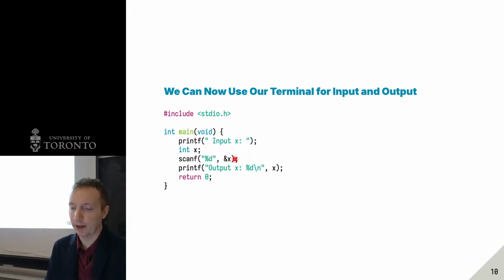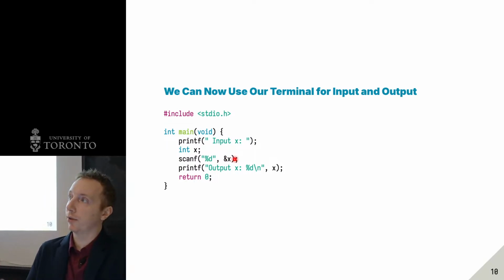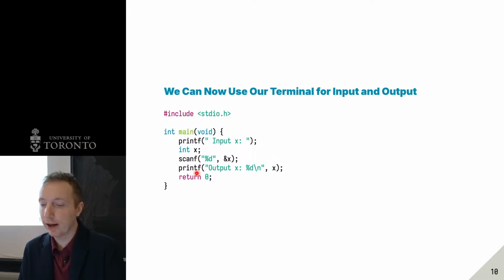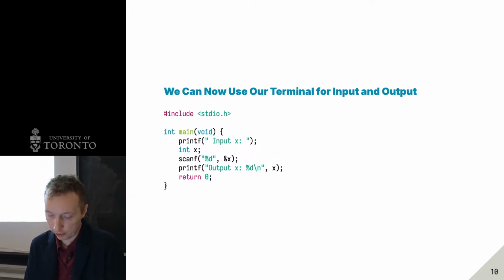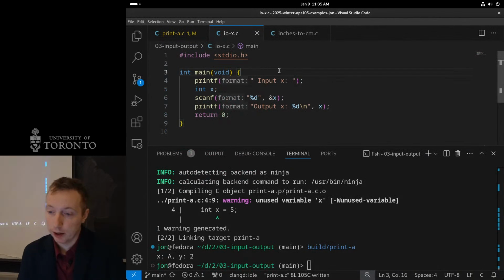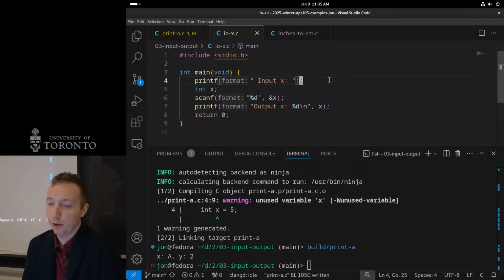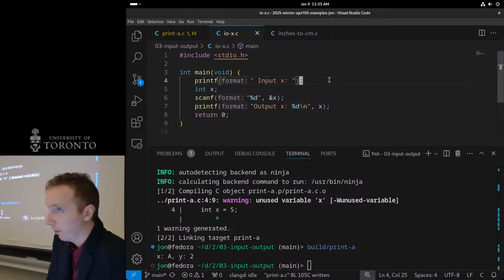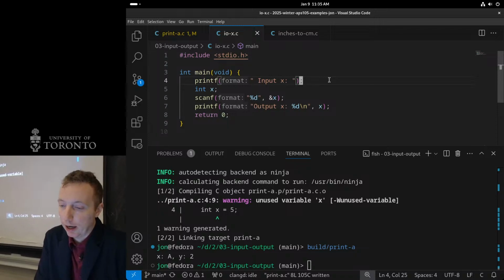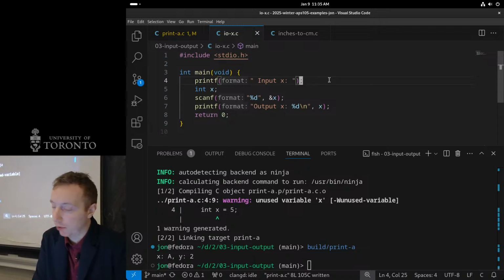After the scanf line, after the user types something and presses enter, whatever they typed will be stored in x, and then I could output whatever they typed. So let's go to the example and make sure it works when we run it. Here is that same code. I'm going to have a printf prompting the user to input x. I don't use any format specifiers here. I'm not printing any values.